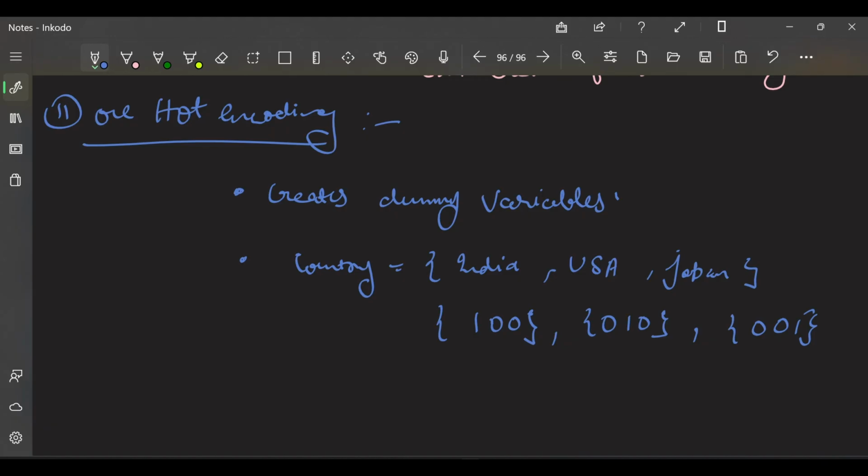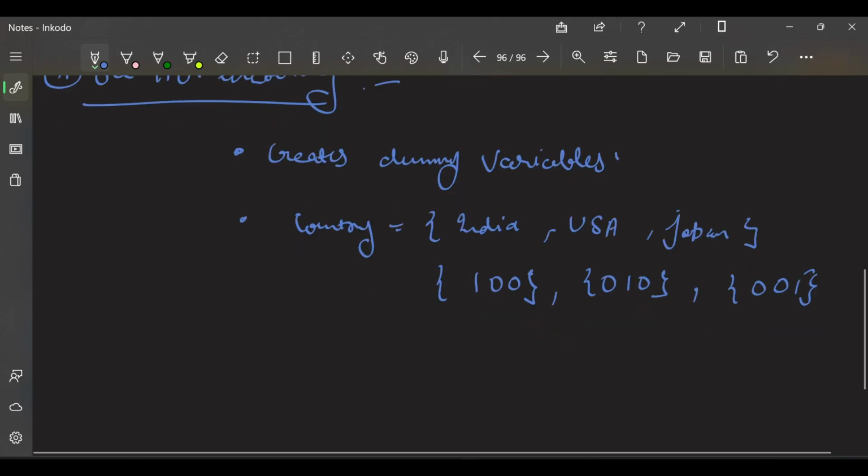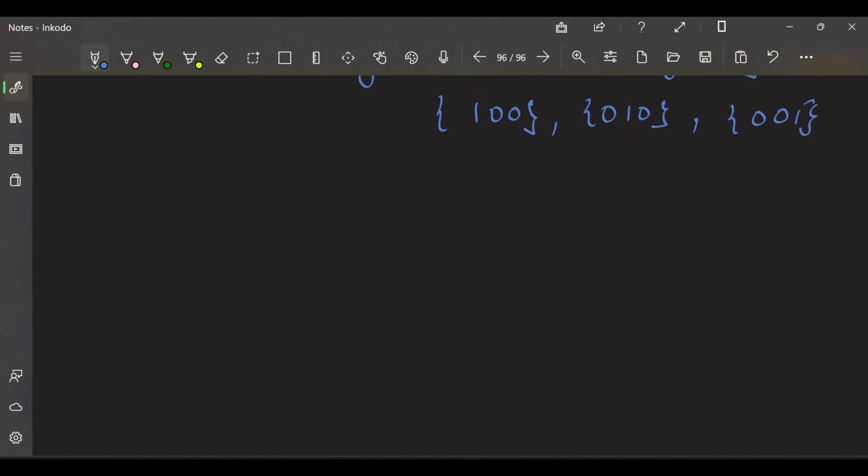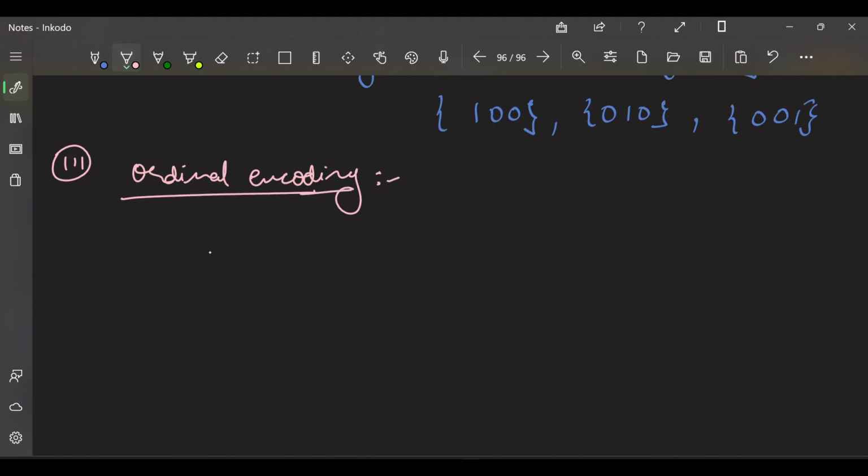So the next one, the third one, is ordinal encoding. Let's discuss what it is. It is for categories with order.